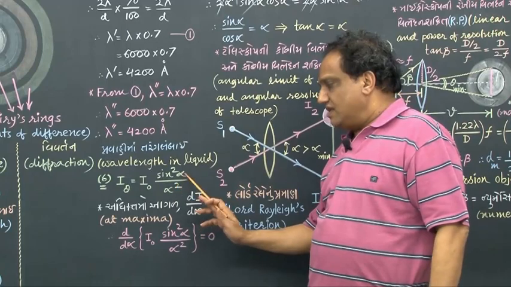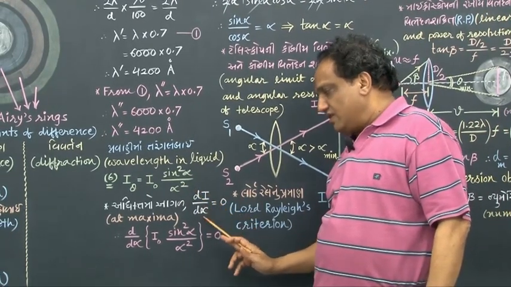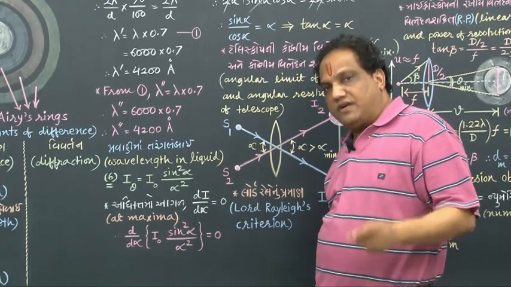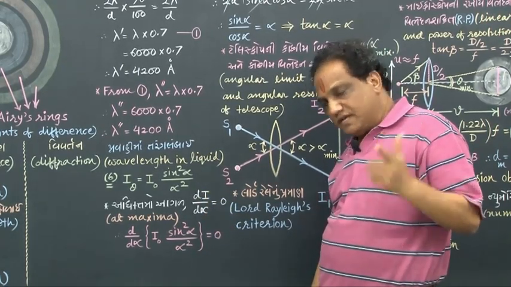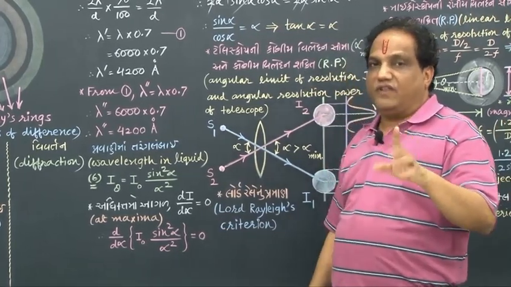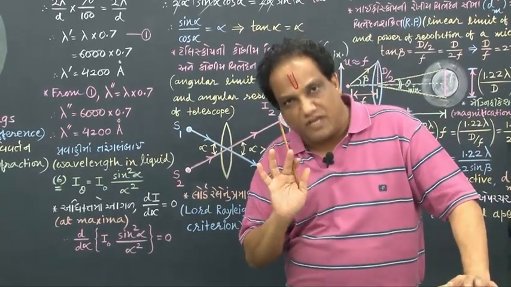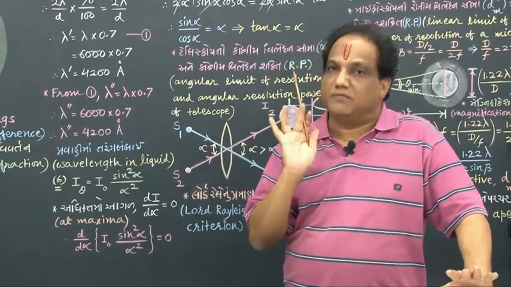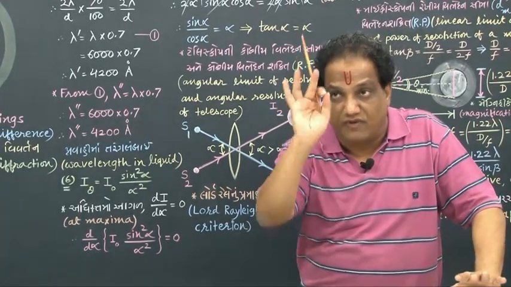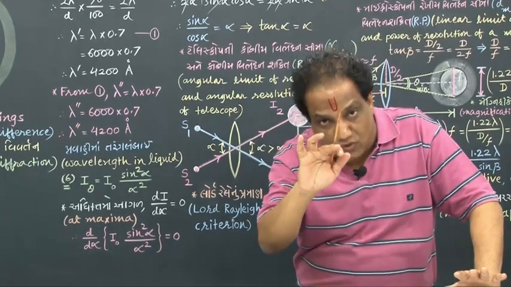Here the variable is alpha, so I should take the first derivative of I with respect to alpha, that is dI upon d alpha, and that should be 0. The first derivative of any function being 0 means that the function might be maximum or minimum. Given to us is the maximum value. For any functional value becoming maximum at a particular value of the variable, remember its first derivative becomes 0.